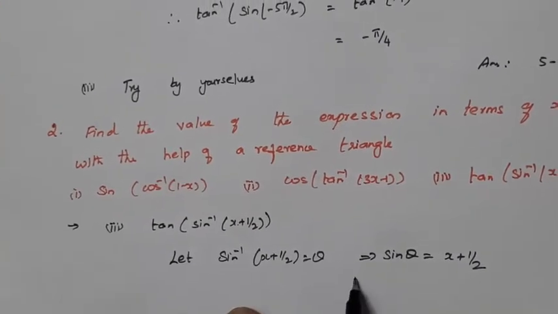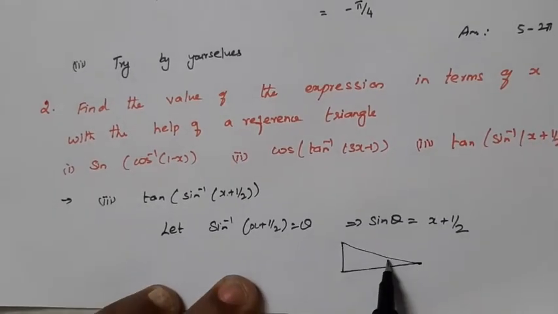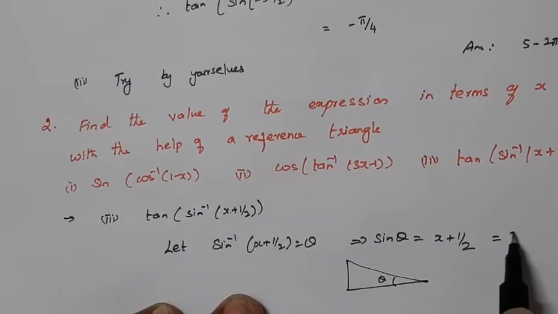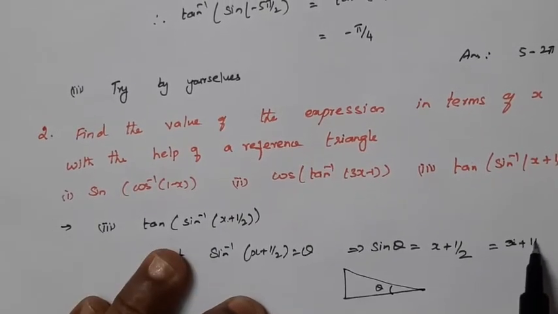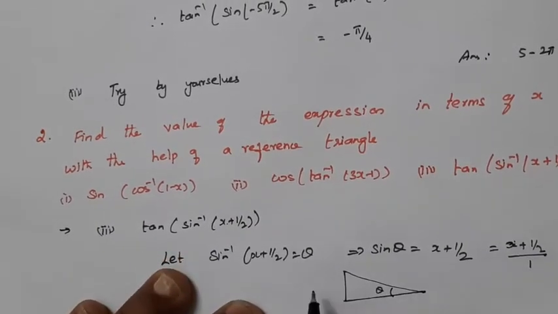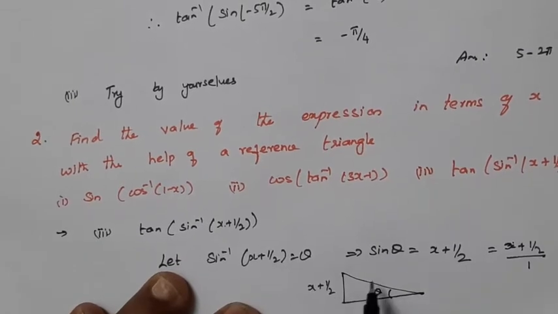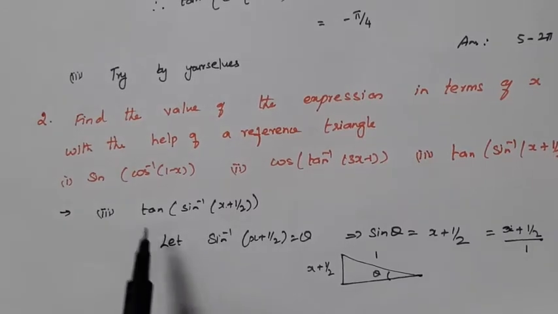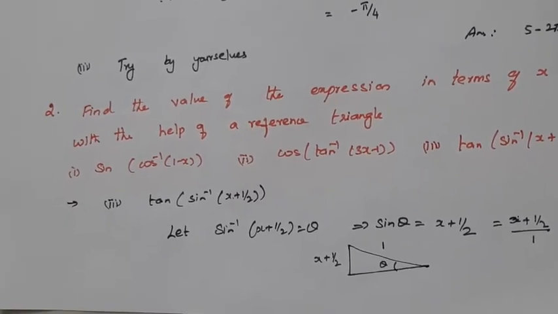So let us form a right angle triangle in which theta is the acute angle. As sin theta is x plus 1 by 2, we can write it as x plus 1 by 2 divided by 1. So the opposite side will be x plus 1 by 2 and the hypotenuse is 1. So let us find out the adjacent side in order to get the value of tan theta, right?